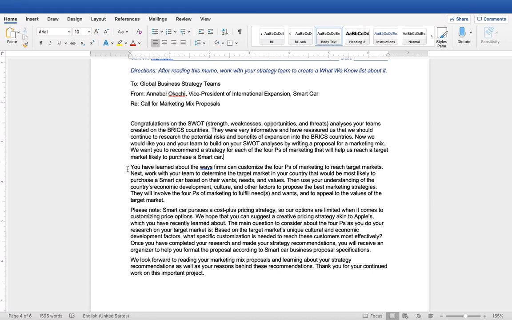All right, so continuing with the next paragraph of the memo. You have learned about ways firms can customize the 4 Ps of marketing to reach target markets. Next, work with your team to determine the target market in your country that will be most likely to purchase a smart car based on their wants, needs, and values.